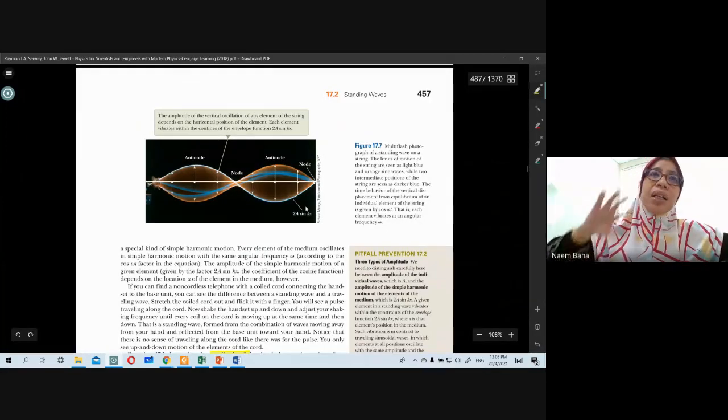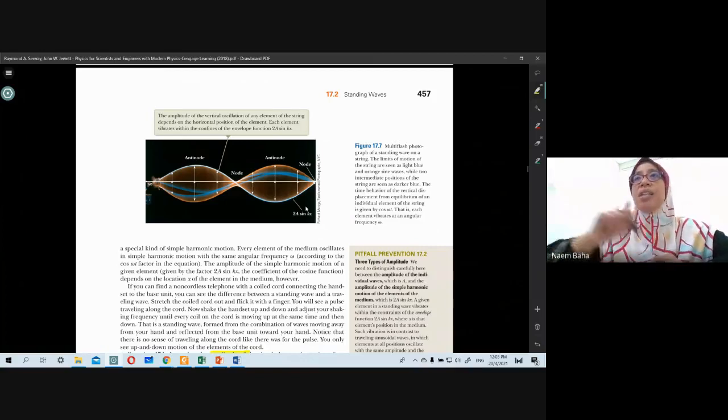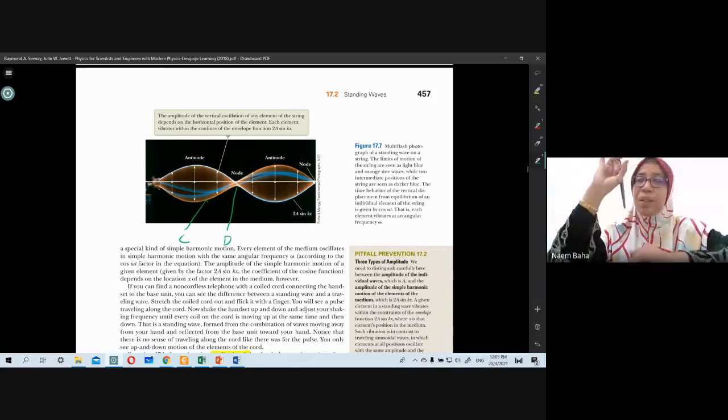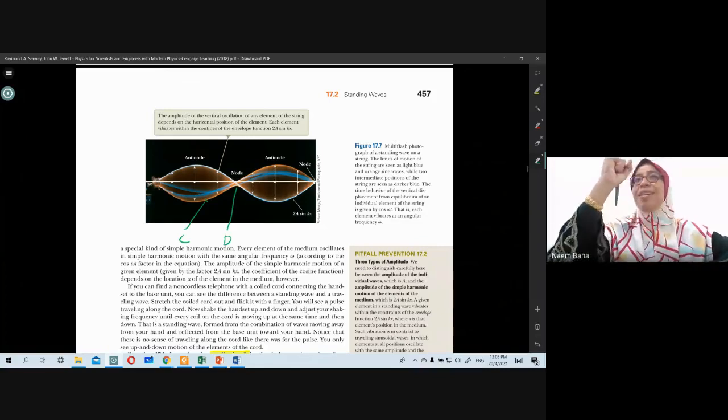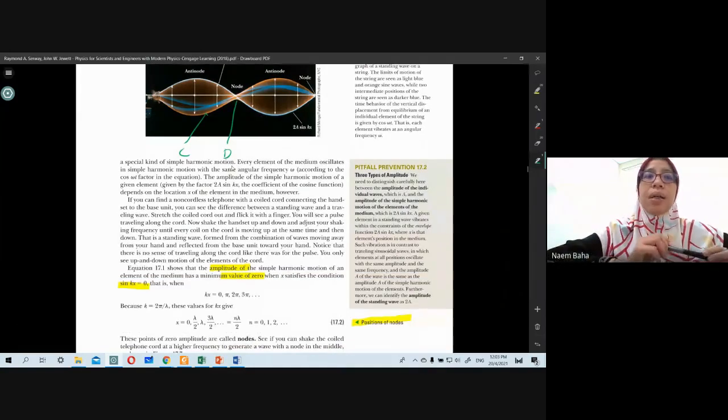The shape can be categorized into two: antinode and node. What happens at an antinode? The waves are added up and constructive interference occurs. The node is where destructive interference occurs. Node is used in biology as well, like a nodule, which looks small, round, and doesn't move. Nodule, node, right?